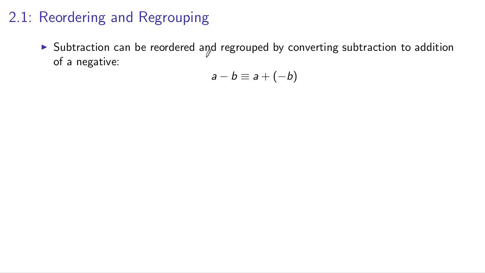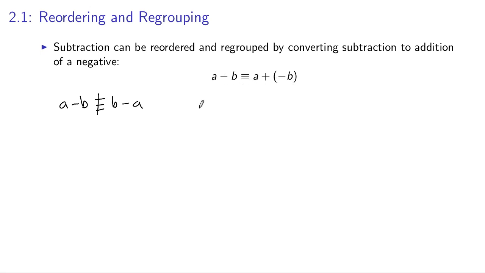What about subtraction? Subtraction is a little trickier because we cannot just write this. This is not equivalent. A minus b is not the same as b minus a. What is equivalent is that a minus b is equivalent to a plus negative b.